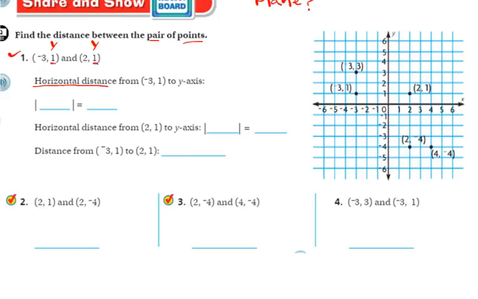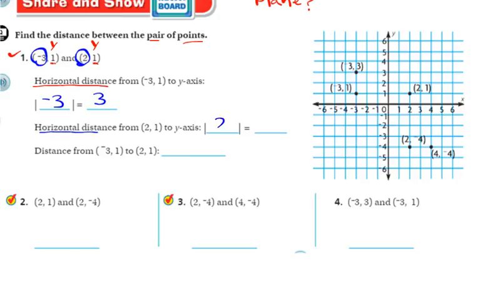All right, so what we're going to do is we're going to take -3, 1, and we're going to find out how far it is to the y-axis, which means we are going to focus our attention on the x values. So we're going to take the absolute value of -3, and we know that the absolute value of -3 is 3. And now we're going to look at the 2, 1 horizontal distance, and we're going to use the 2.